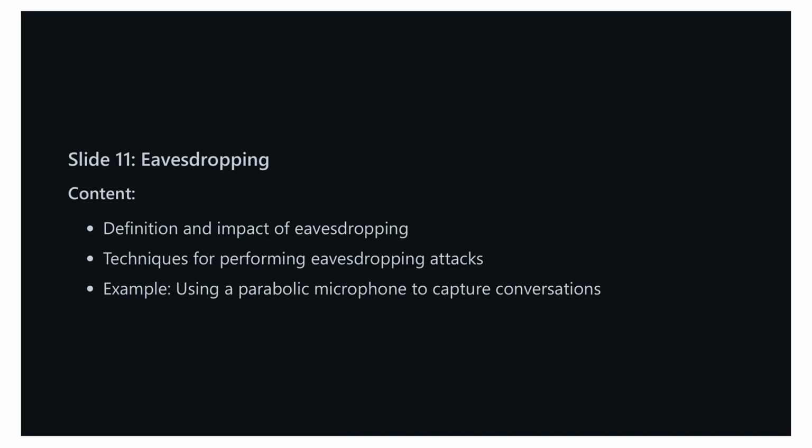Eavesdroppers deploy various techniques to capture private conversations or data. These methods range from using simple listening devices to more sophisticated gadgets like parabolic microphones, which can capture sound from a distance. Let's consider an example. An attacker could use a parabolic microphone to intercept confidential discussions taking place within a seemingly secure area. This scenario illustrates how eavesdropping can compromise even well-guarded information.